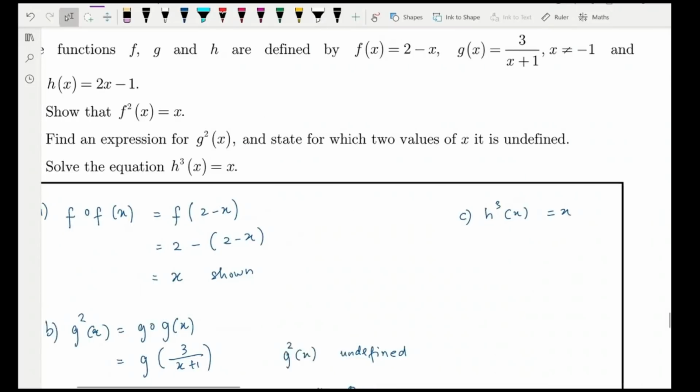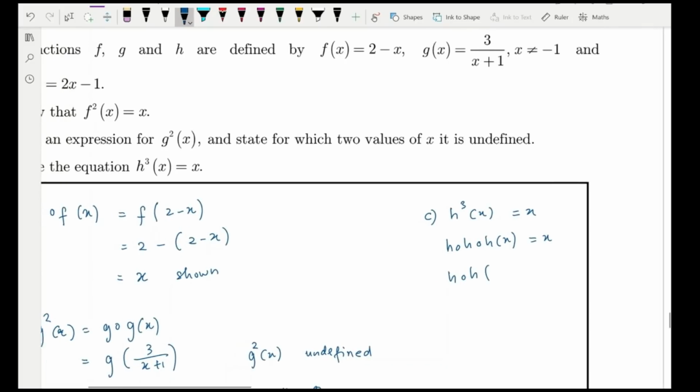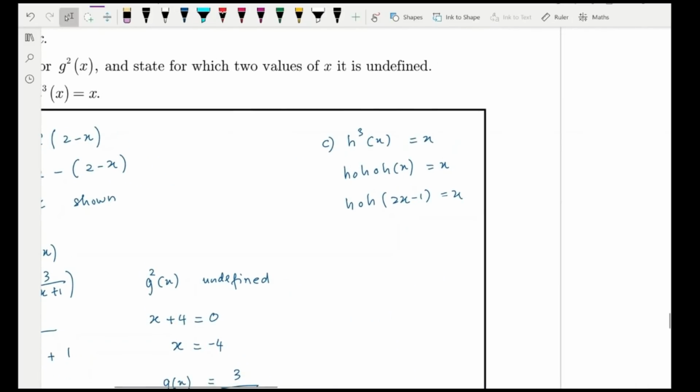So first, we know that h of h of x equal to h cubed. So first we substitute h into h squared. So we can get 2x minus 1. And then substitute again into x. So we can get 2 minus 1 equal to x, meaning 2x minus 1.